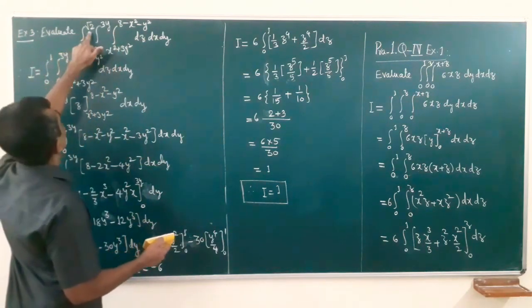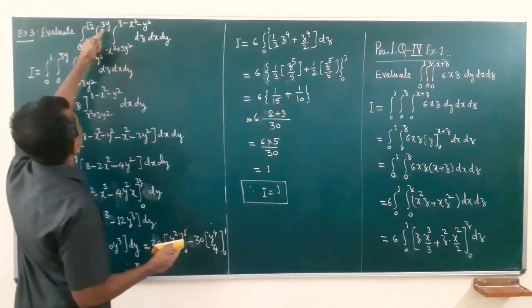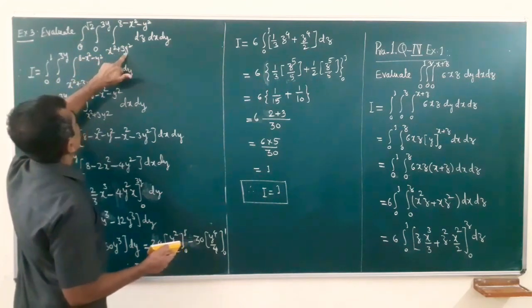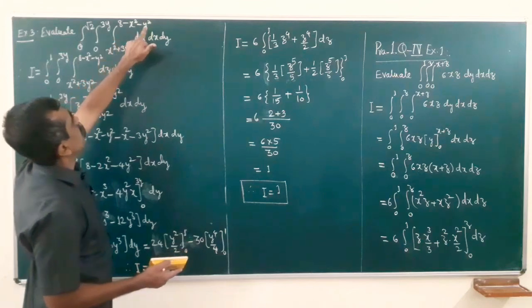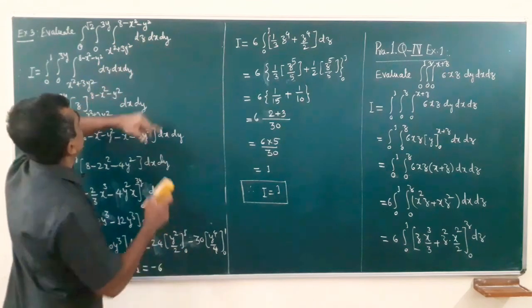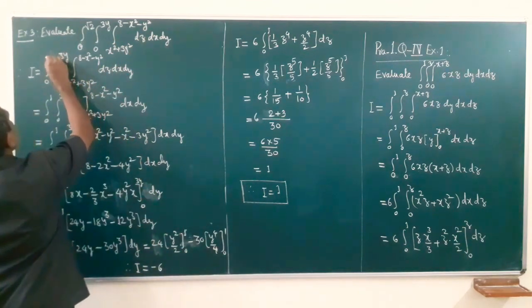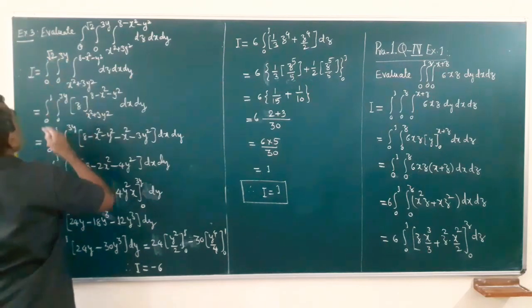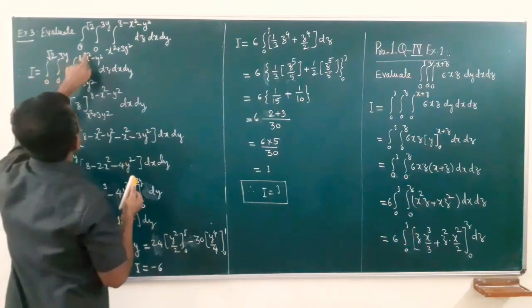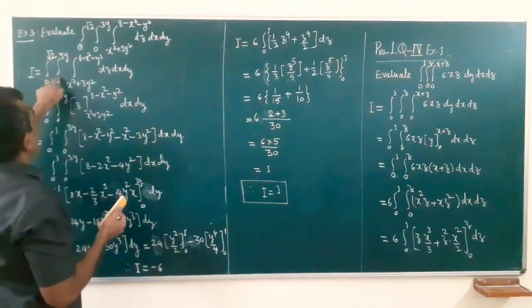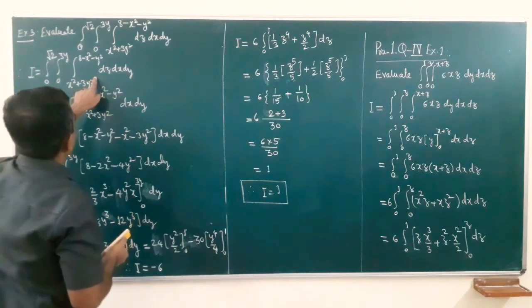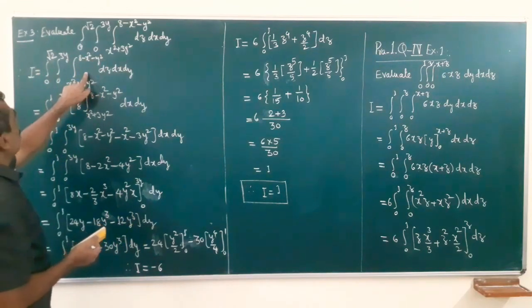Evaluate the integral from 0 to root 2, integral from 0 to 3y, integral from x square plus 3y square to 8 minus x square minus y square, dz dx dy. Let I be equal to the given integral.